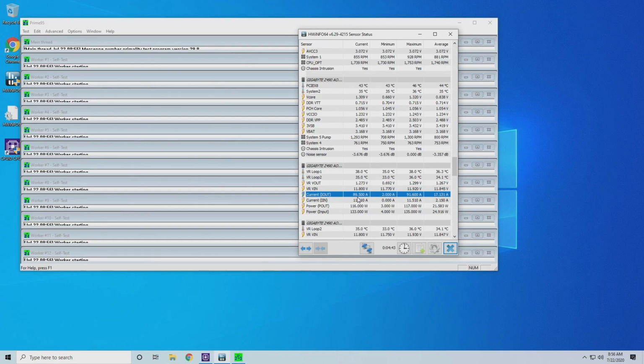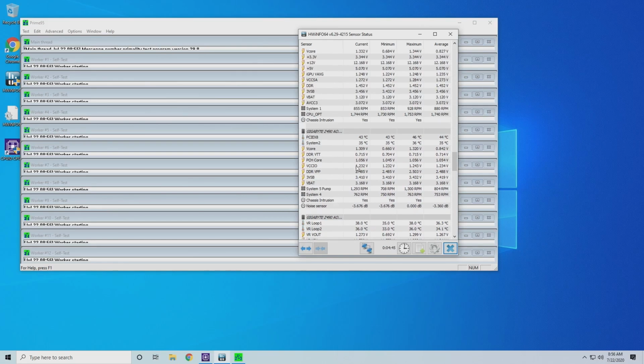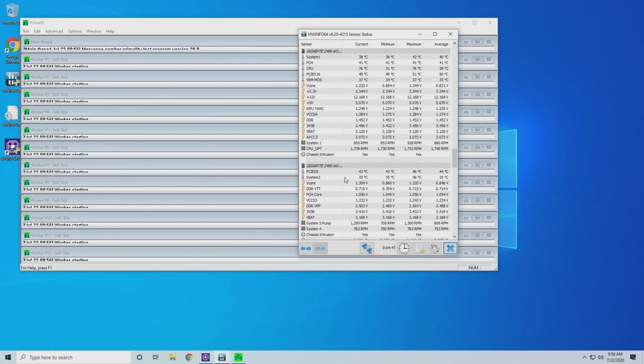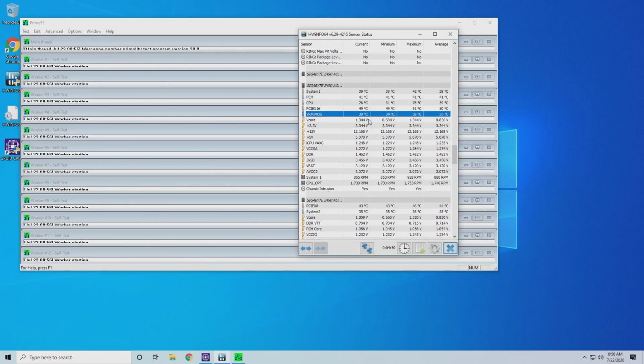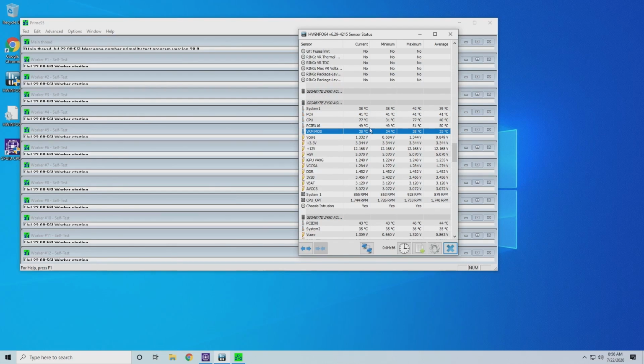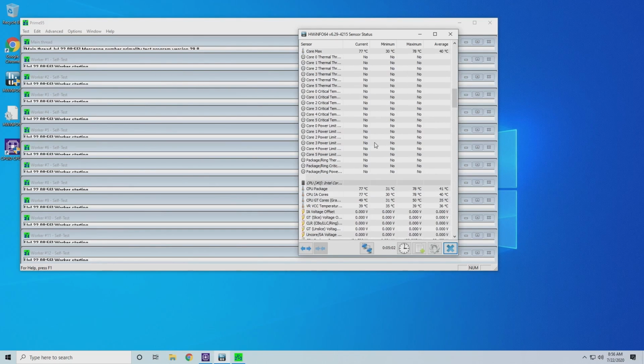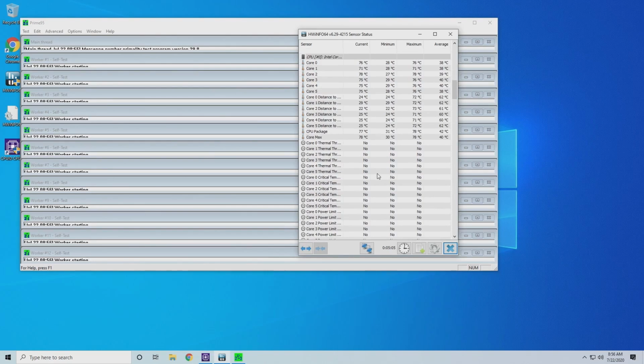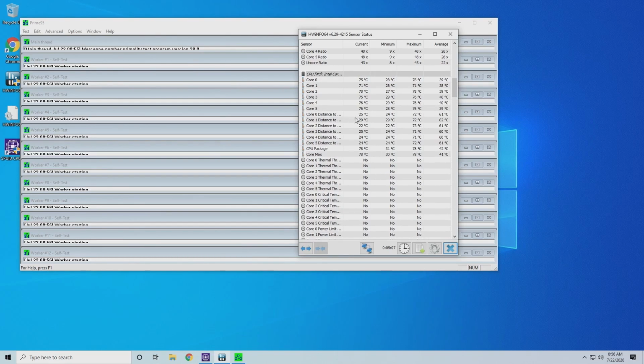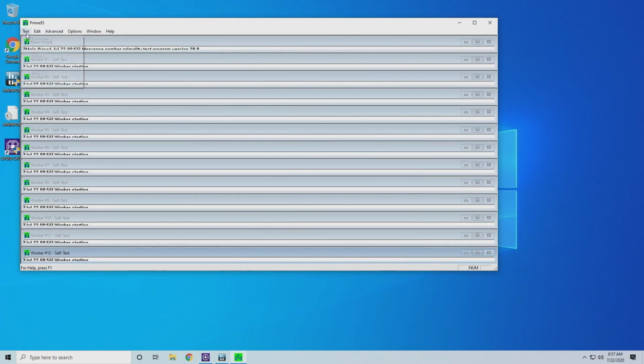The software reading is showing that we're pulling about 90 amps right now. MOSFETs are nice and cool, as expected. It's a 12-phase VRM with 60 amp power stages. It's more than enough to handle a 6-core CPU. And we'll take a look at our CPU temps. So the CPU is running nice and cool.